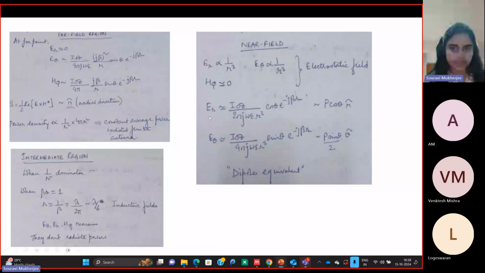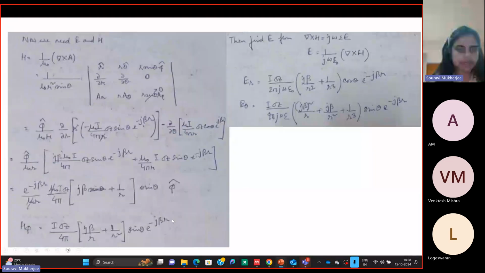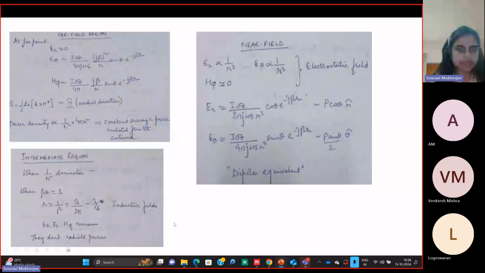Another thing is, so this is very far, very near. Now there's an intermediate region where 1 by r squared dominates. And when will that happen? So that will happen when beta r, so you have this term here, right? e to the power minus j beta r. When the beta r term is close to 1, that means when r, which is the distance between the antenna and the field point, is comparable to 1 by beta.